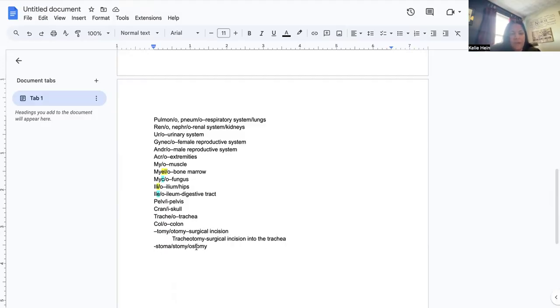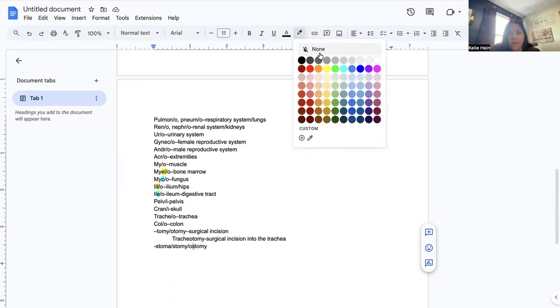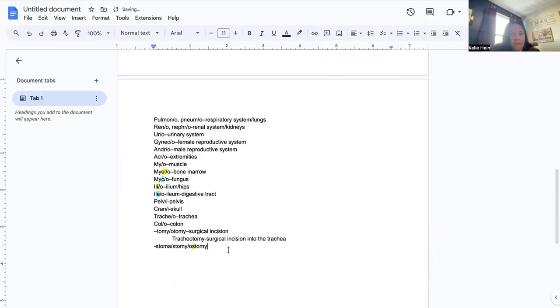Stoma, stomy, ostomy, all we've done is we've added this S in right here. Okay. When we add that S in, we're talking about creation, surgically, of an opening. Okay. So a stoma, right? If somebody has a stoma. So if we do now a tracheostomy, we now have an opening into the trachea, okay?